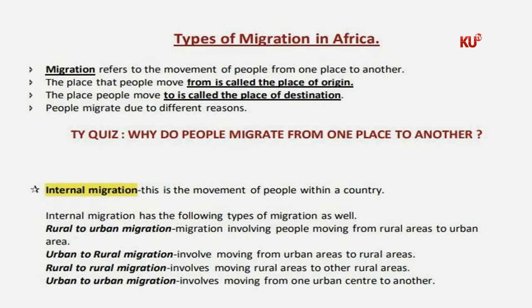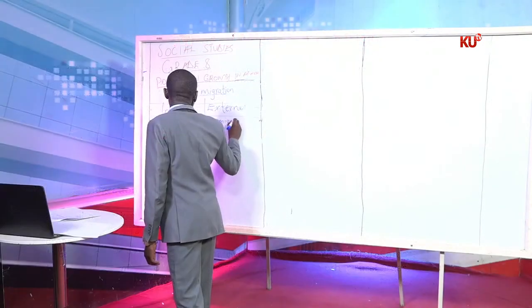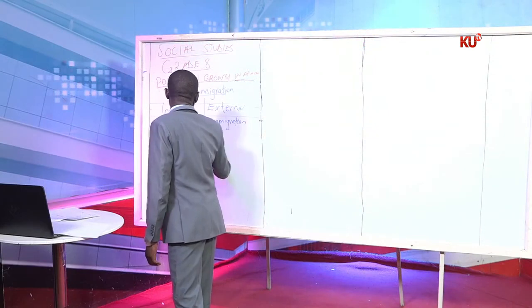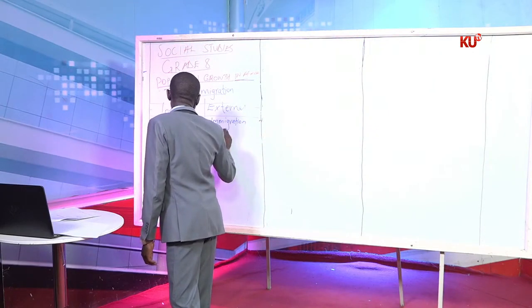And urban to rural means you are moving from an urban area to a rural area. Then under external, we have two: emigration and immigration.